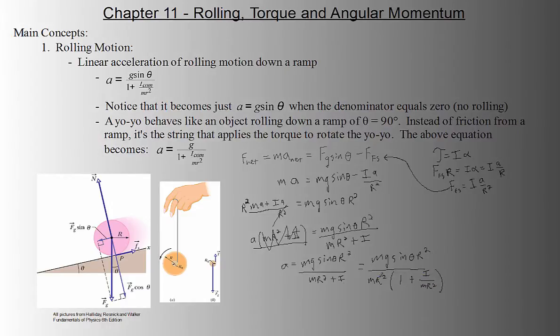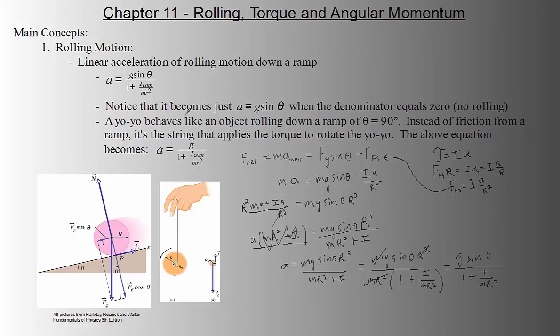If you multiply this times this, the mr squareds would cancel and leave you with I. So that's basically undistributing. And then this mr squared cancels with this m and this r squared, and we get our expression: g sine theta over 1 plus I over mr squared. So that's where that comes from.